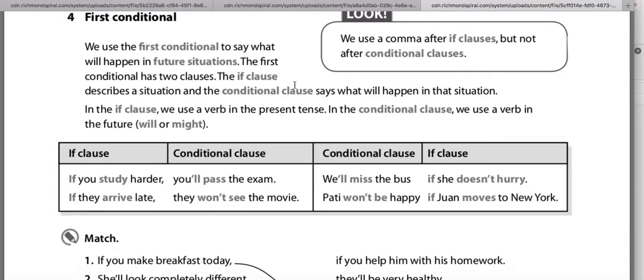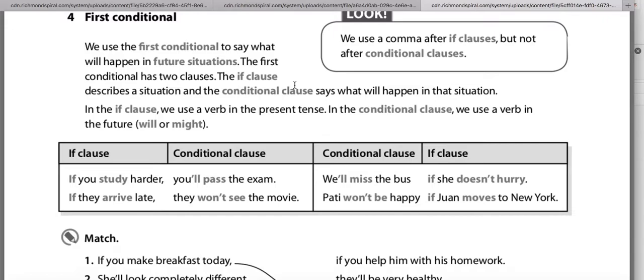future situation. The first conditional has two clauses: the if clause that describes a situation, and the conditional clause that says what will happen in that situation. Okay? So in the if clause, we use a verb in the present tense, and in the conditional clause, we use a verb in the future. Okay?